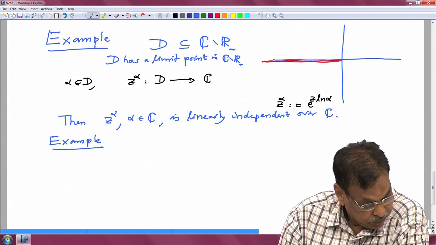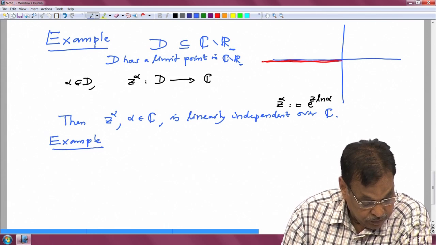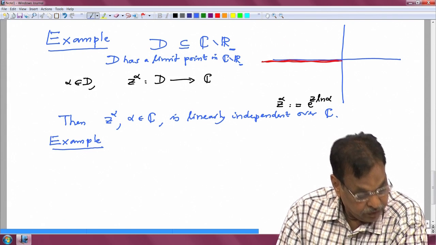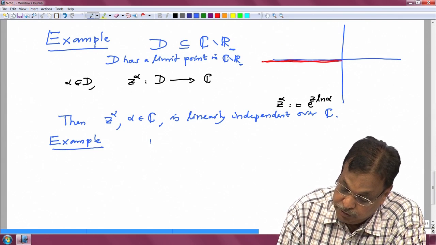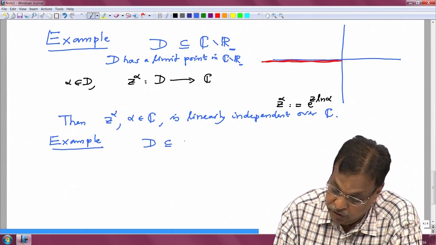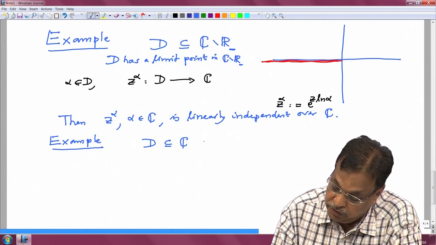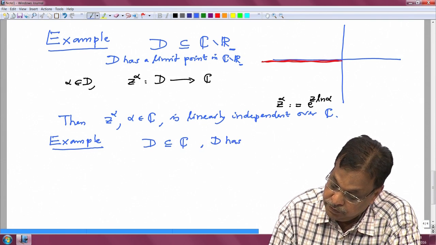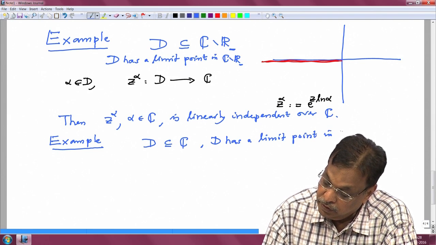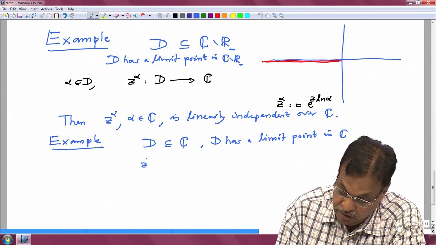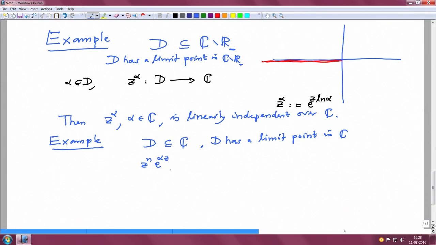So the combination is, if I take the functions again with the same assumptions, D is a subset of the complex numbers with D having a limit point in C. Then I consider the function z power n e power alpha z, where alpha is varying in complex numbers, and this n is varying in natural numbers.